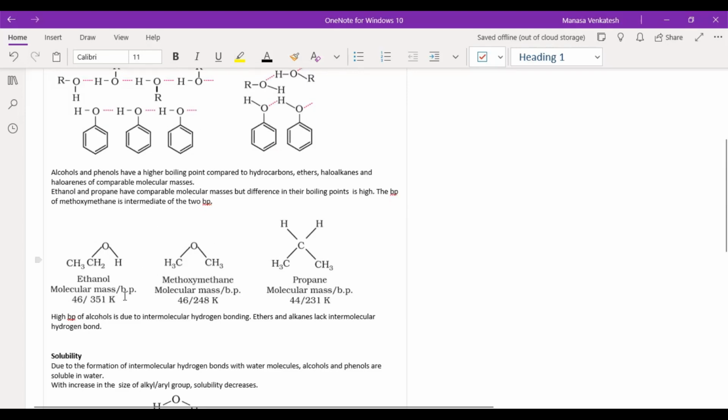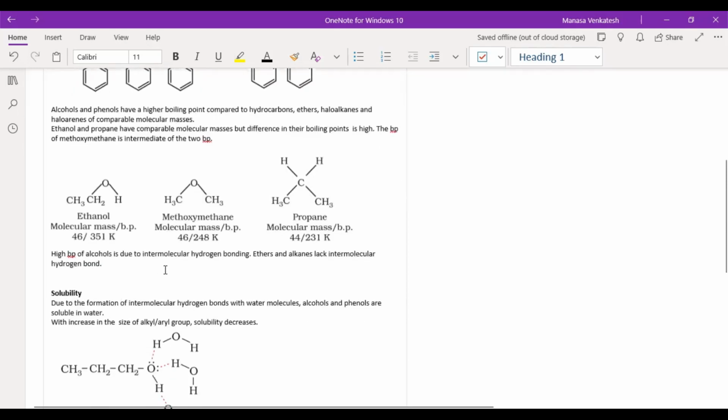Notice the molecular masses, which are 46, and 44 in the case of propane, and the boiling points. Ethanol has the highest boiling point compared to the other two, and propane is the least, but methoxymethane is in between propane and ethanol. The reason for the high boiling point is again intermolecular hydrogen bonding, whereas ethers and alkanes do not have intermolecular hydrogen bonds.